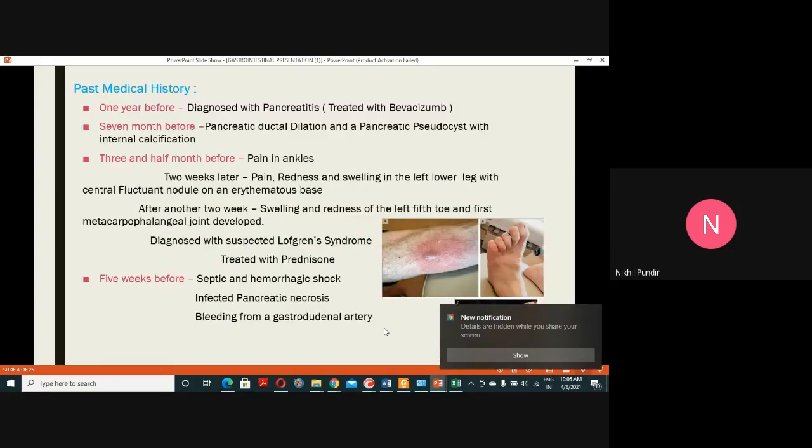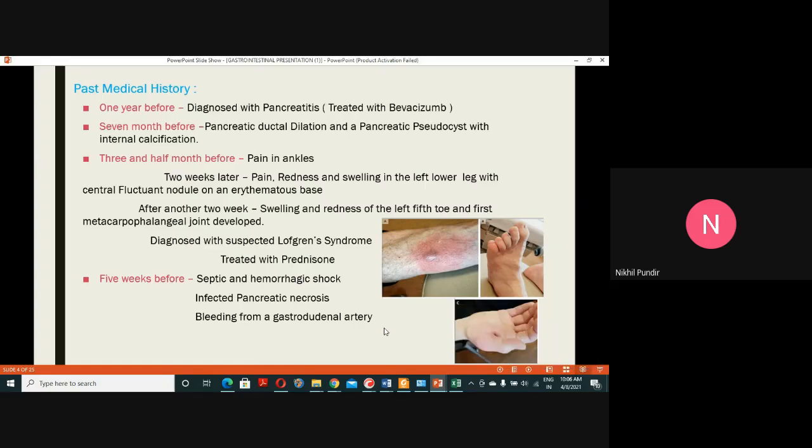Past medical history: 1 year before patient admission, the patient was diagnosed with pancreatitis, and an MRCP performed for the evaluation of chronic abdominal pain revealed pancreatic necrosis. The patient was treated with bevacizumab therapy until his blood lipase level elevated.